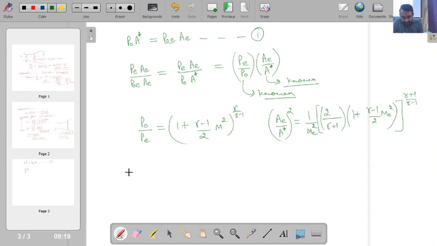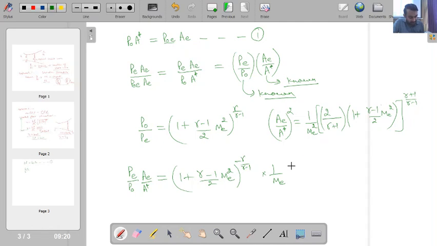So if I calculate this ratio, it will become PE by PO into AE by A star, and P by PO will become 1 plus gamma minus 1 by 2 M square. This also will be exit, M exit square whole power minus gamma by gamma minus 1. Okay, and this I can write 1 by ME.